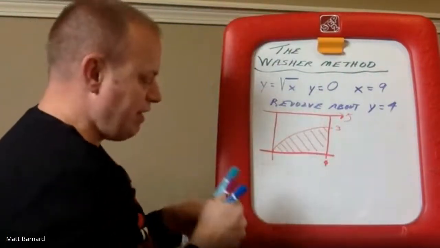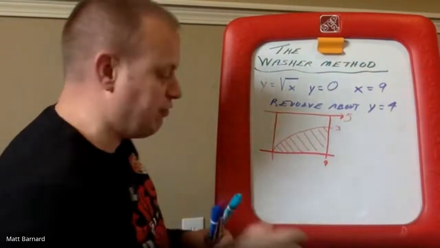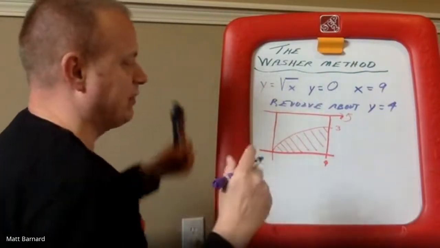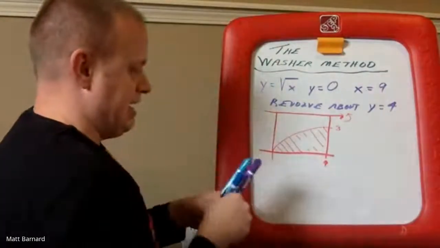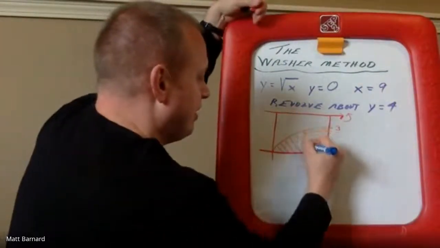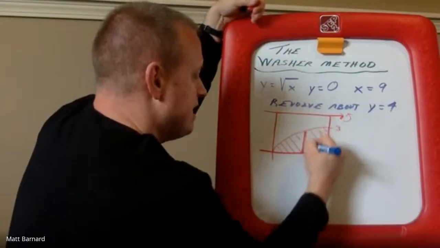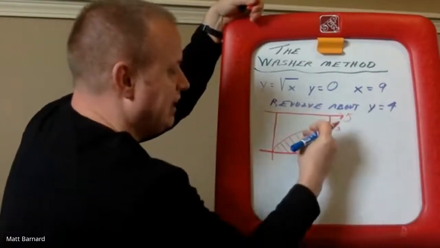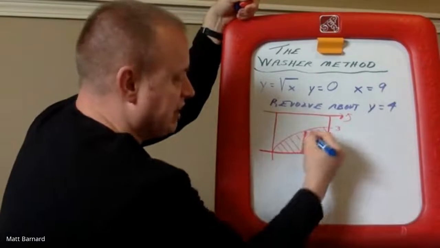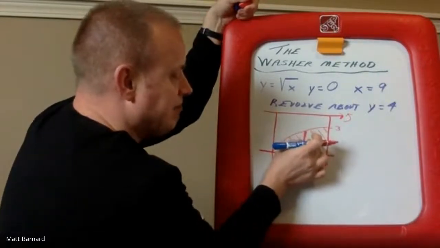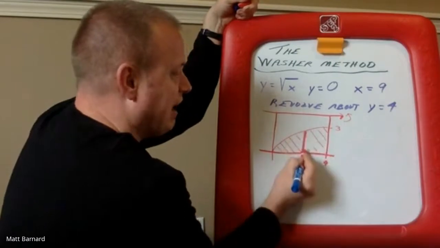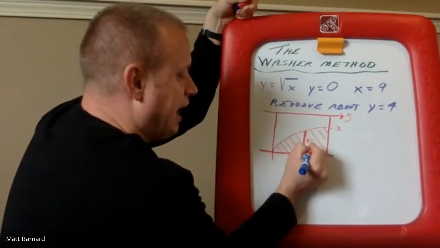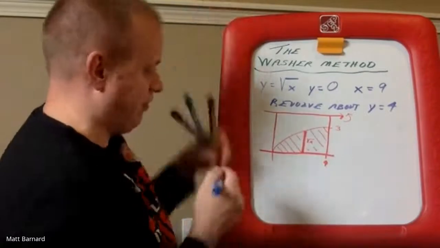So at the end of the last video, I shared this little fact with you, that this region right here has a height or a radius, because again, we're rotating. It doesn't matter what the axis is when we're rotating. This is always going to be a height of the square root of x.